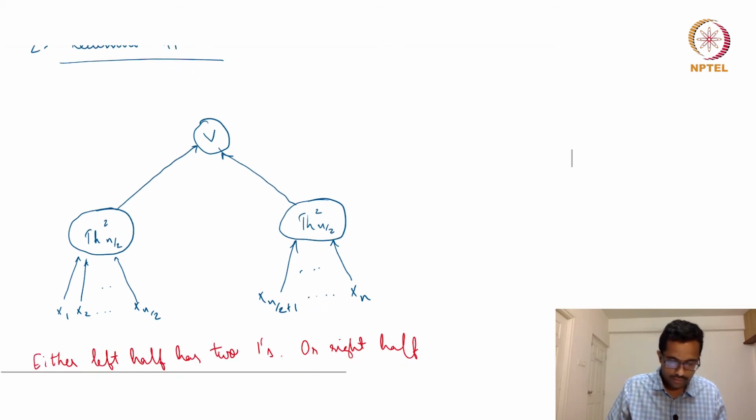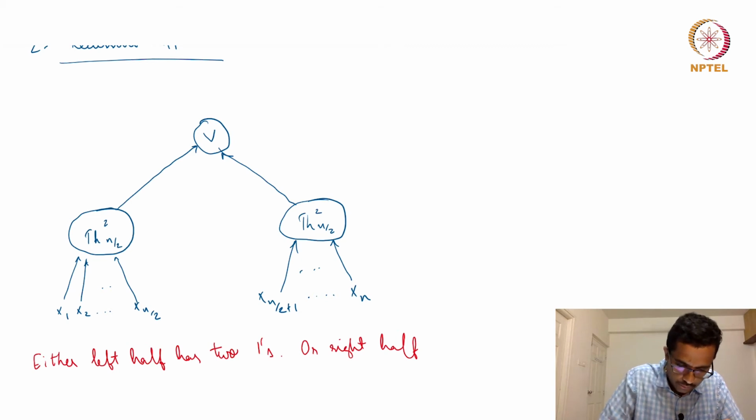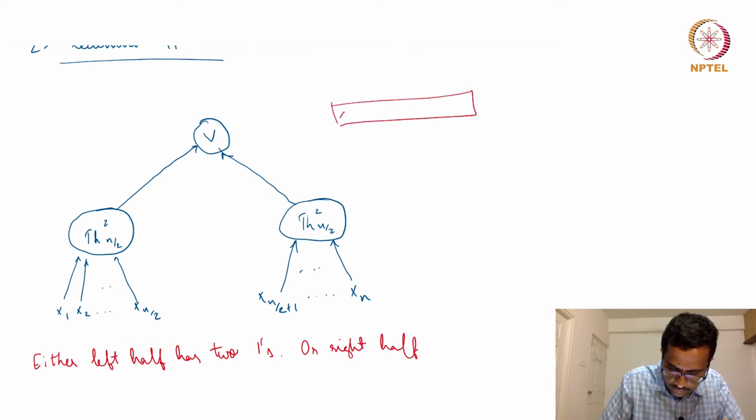So what is the recursive approach? We want to check whether there are two input bits Xi and Xj which are both 1. Now consider x1, x2, etc., up to xn divided by 2, and then xn divided by 2 plus 1 up to xn.